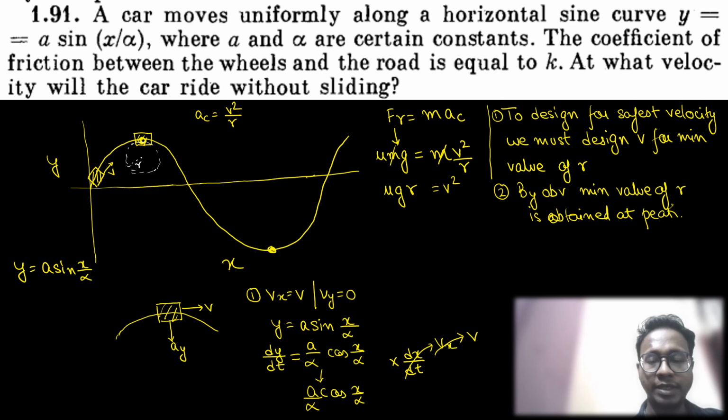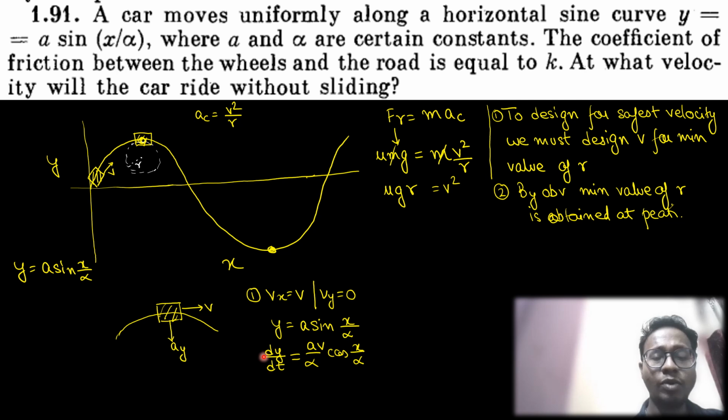I'm applying this v here. Understood? This is nothing but dy by dt. What is dy by dt? Velocity in the y component, which is equal to 0, isn't it?